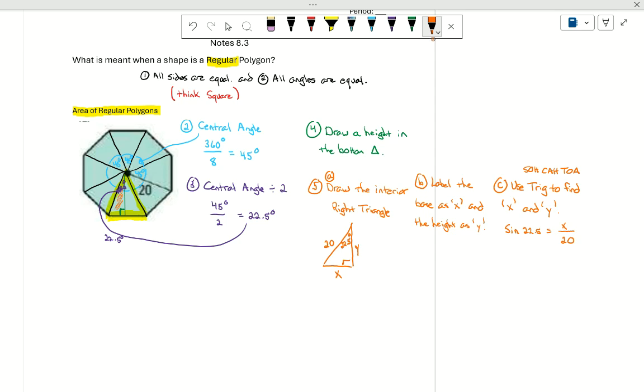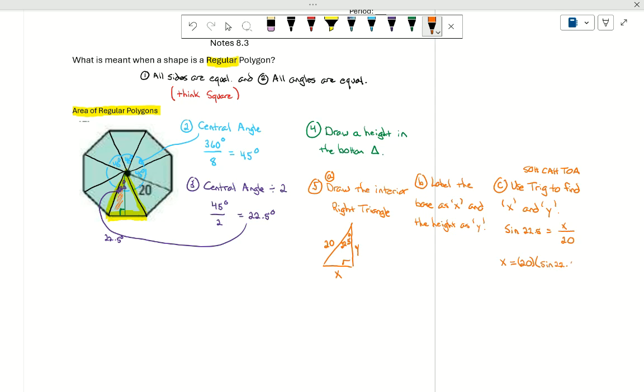So remember, when you're using sine, cosine, or tangent, when x is in the numerator of the fraction, to get your answer, that tells me that x is going to be the denominator number 20 multiplied with sine 22.5.